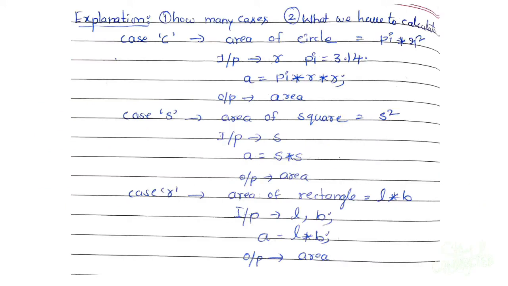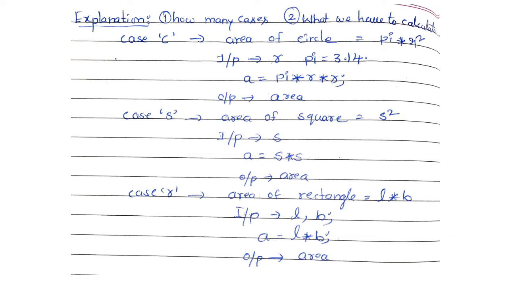Now come to the explanation. In this question, what we have to analyze is how many cases we have to write and what we have to calculate. Here we have to calculate the area of circle, square, and rectangle. That's why we have three cases.